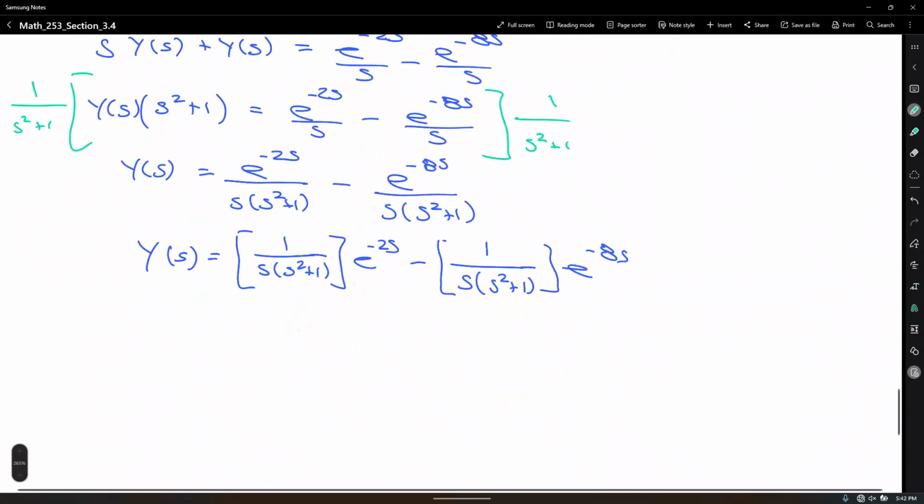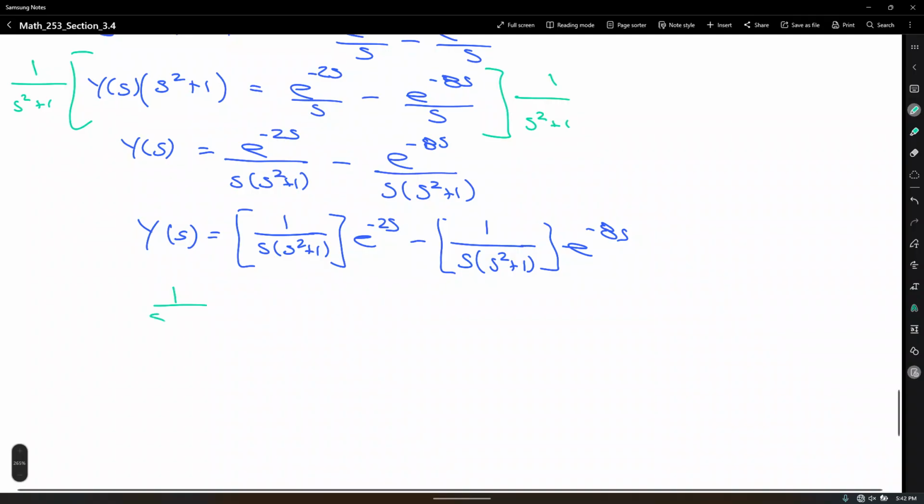Well, we have 1 over s times s squared plus 1, which on the one hand has a linear factor, that is A over s, plus Bs plus C over s squared plus 1. And guys, I'm going to skip the partial fraction decomposition. You guys are masters of partial fractions at this point, right?